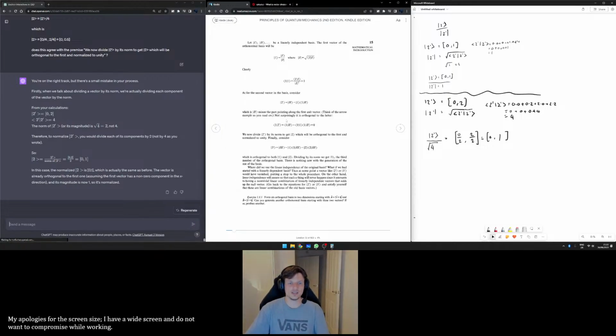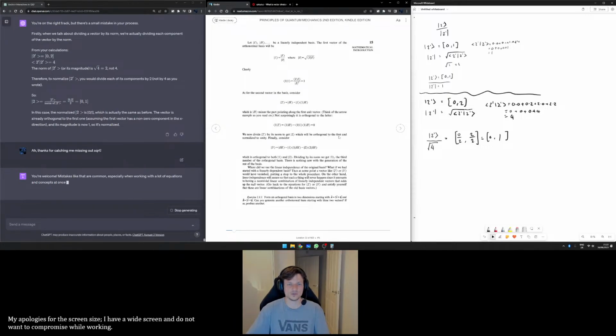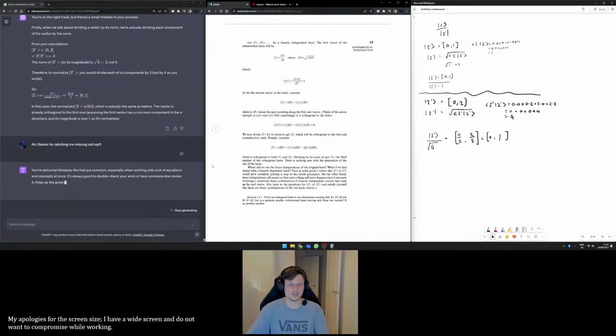So given that, we now understand at least what it says, right? Which will be orthogonal to the first and normalized to unity. So it's normalized to unity, but will it be orthogonal to the first? I suppose it depends.